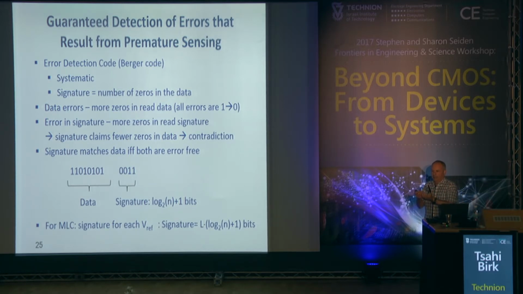The signature as a binary number can only decrease if a 1 looks like a 0. So the only case in which the signature that we read will match the number of zeros in the data as we read it is if neither was disturbed. So this can detect any number of errors caused by us with certainty, provided that there are no errors in the other direction due to other reasons.